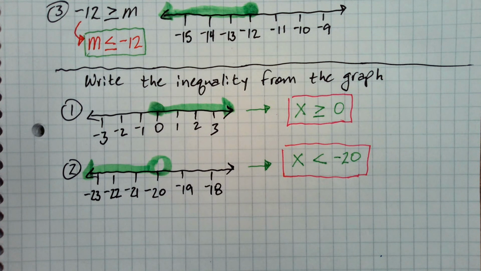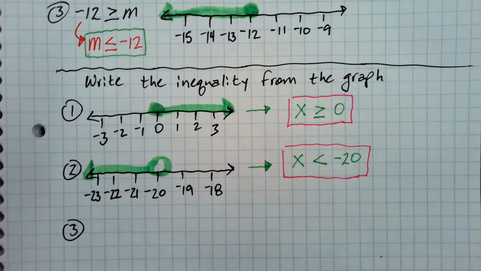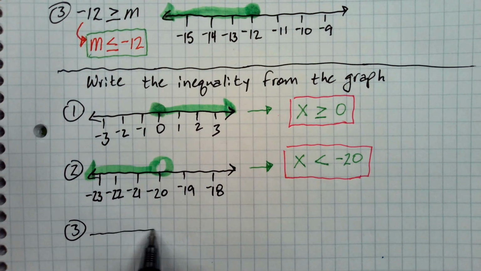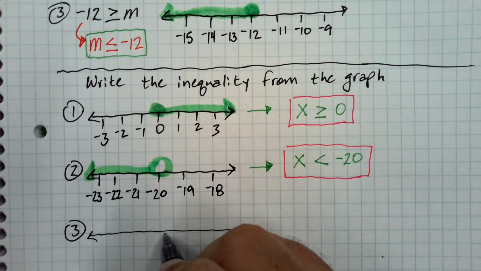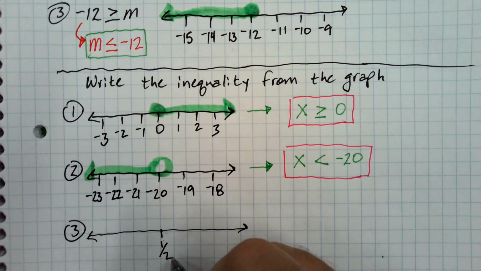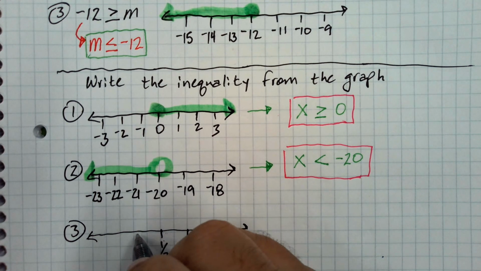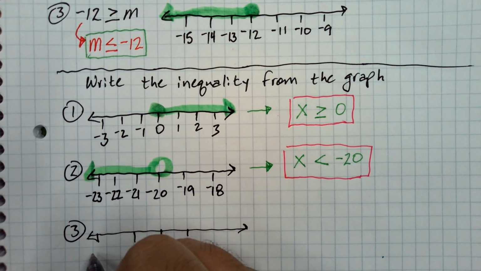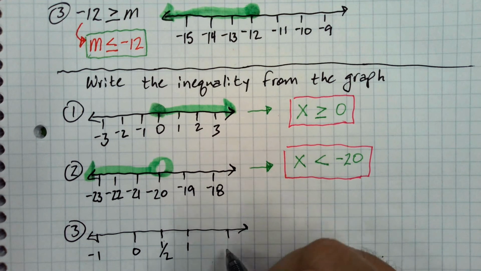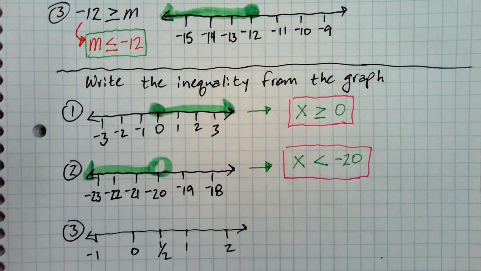Okay. Last one. Number 3. Okay. Let's do 1/2. We'll do 1 there, 0 there. Not evenly spaced, but just so we get the idea. Okay.